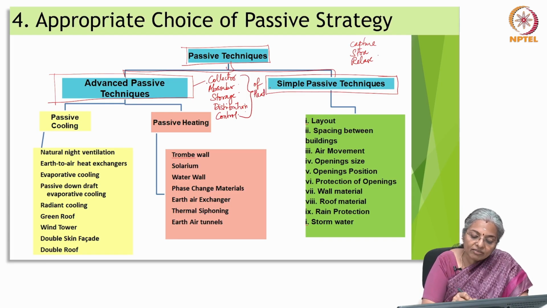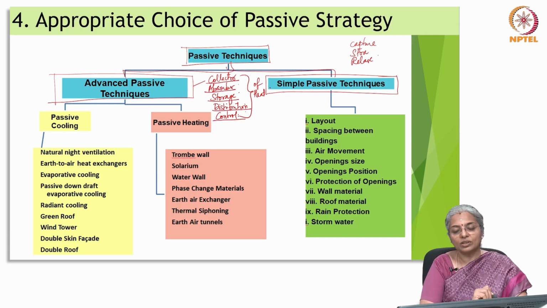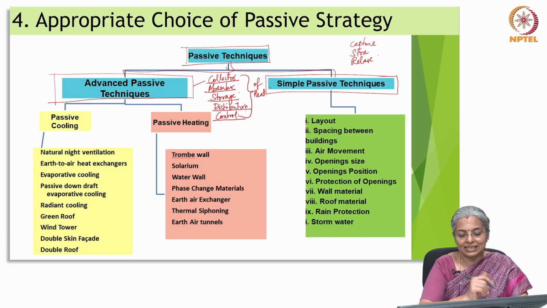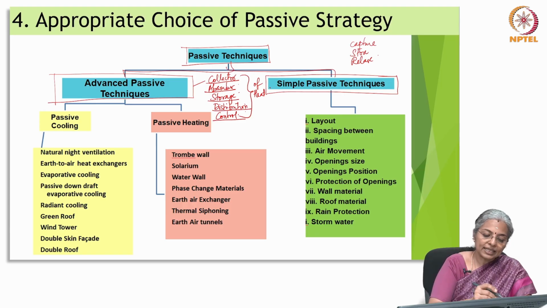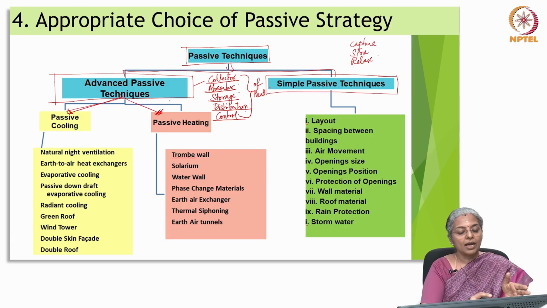So, you need a device to collect heat, absorb heat, store the heat, distribute the heat, control the distribution of heat. As an example, I am saying. Further, advanced passive strategies can be classified as passive cooling and passive heating systems.